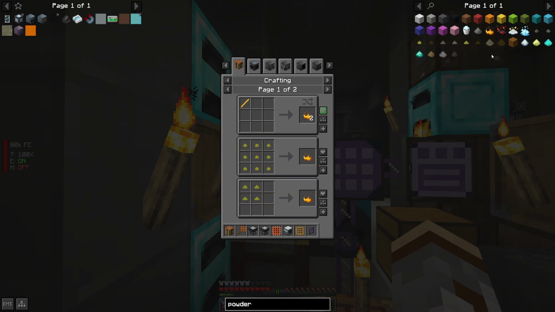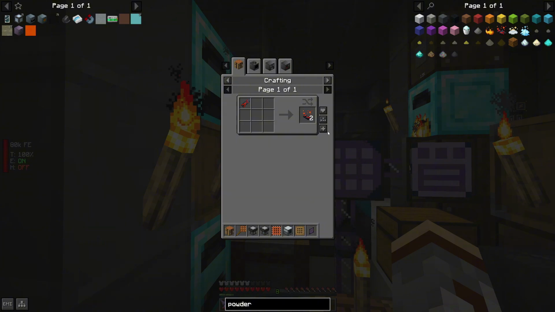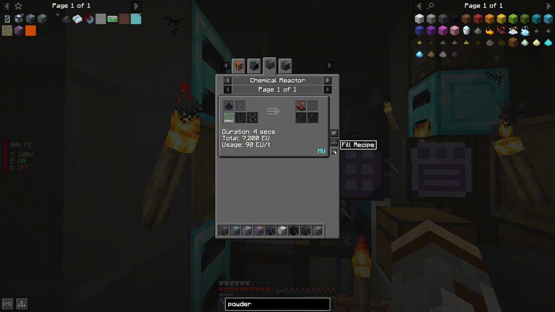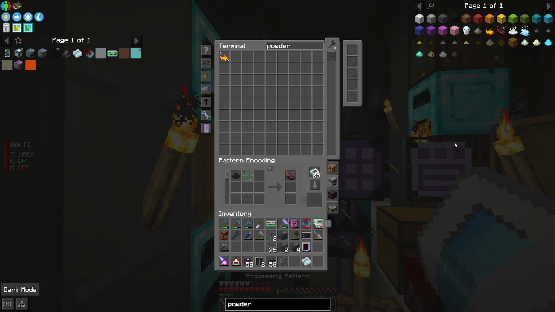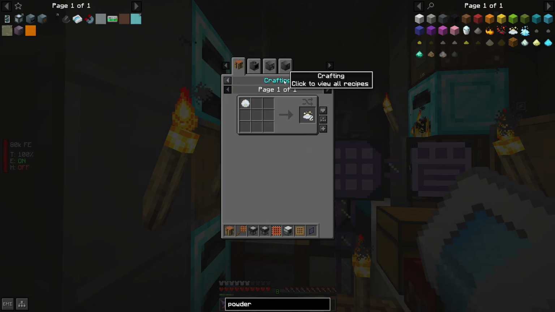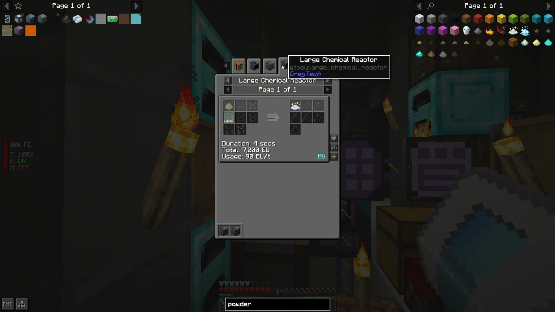Okay, so blaze powder we don't need to worry about actually. So I can probably remove one or both of those reactor mixers. Reactor though, we're gonna need coal dust with the powder and reactor.